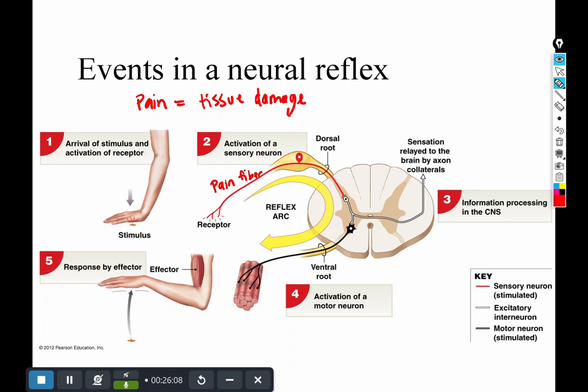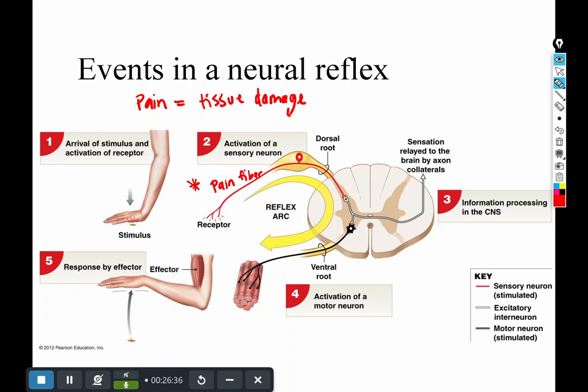So in this case, we have a pain fiber, and it's worth noting, and we'll talk more about this in other chapters, you have neurons that are sensory neurons, and they're only for detecting pain. They don't carry any other kind of signal. And that's important because if pain equals tissue damage and we're trying to avoid that, then we need to have our pain signal be unambiguous.